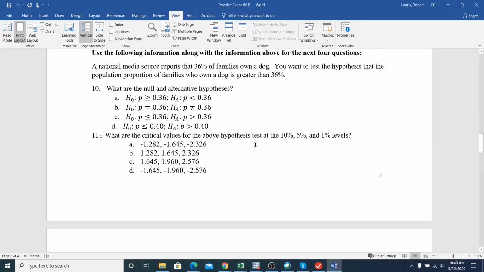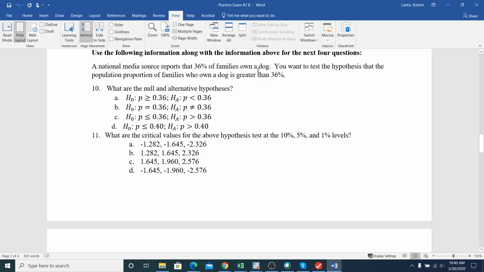So on 10, we've got a question where we have to identify the null and alternative hypothesis. The national media reports 36% of families own a dog. You want to test whether or not that population proportion is greater than 36%. Right? So what you want to test for is whether that true population proportion is greater than 36%, or 0.36 as a proportion.